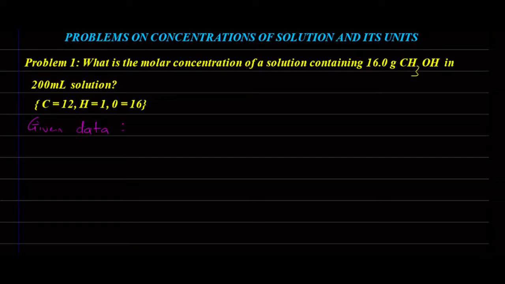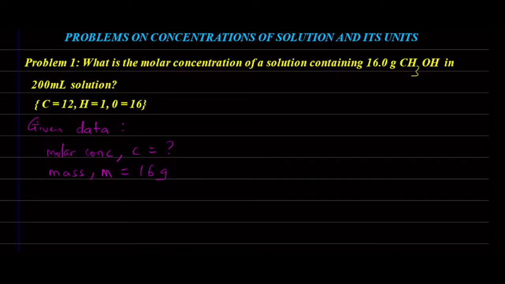We have to solve for molar concentration, which has a symbol of C, question mark. We are given the mass of the solute, which is also known as weight, as mass M is 16 gram.